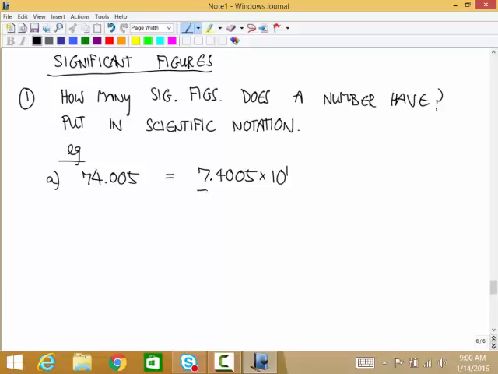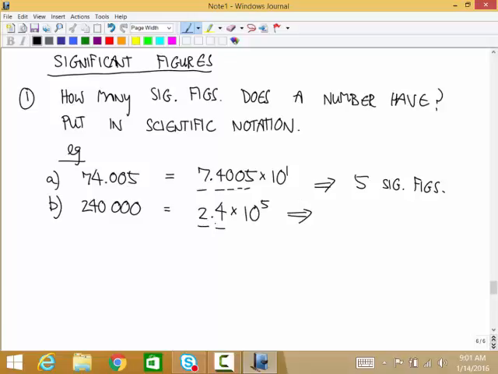And now every one of these is significant. So 1, 2, 3, 4, 5. Another example: 240,000. That's 2.4 times 10 to the 5. And so each of those 2 is significant, so you have 2 significant figures.